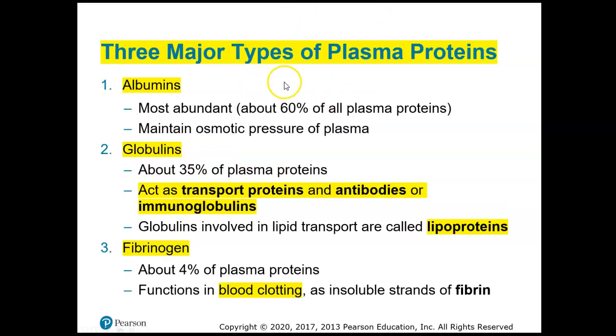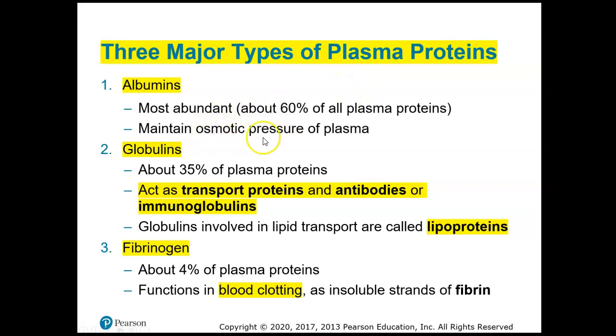The three major types of plasma proteins are albumins, globulins, and fibrinogen. The function of albumins is mostly to keep the concentration of the blood high, so that the blood is more concentrated than the tissue fluid.